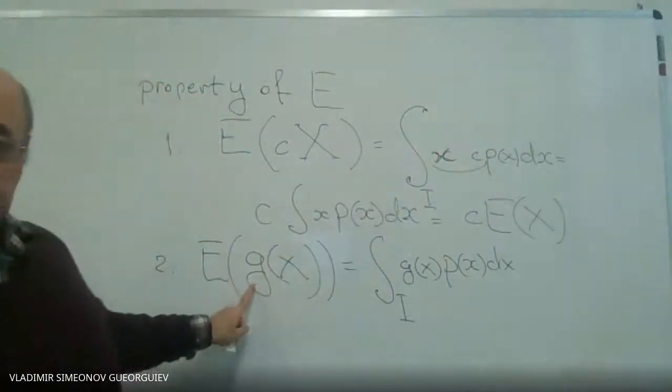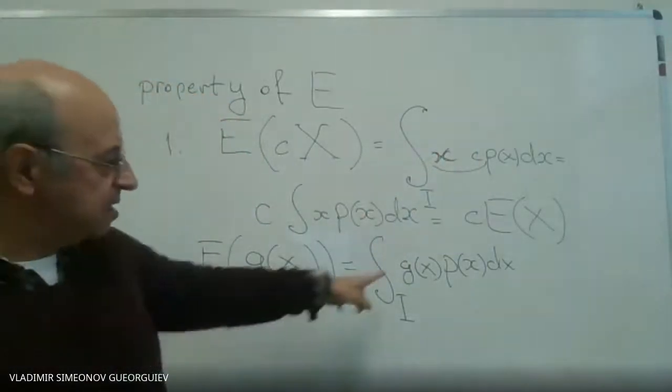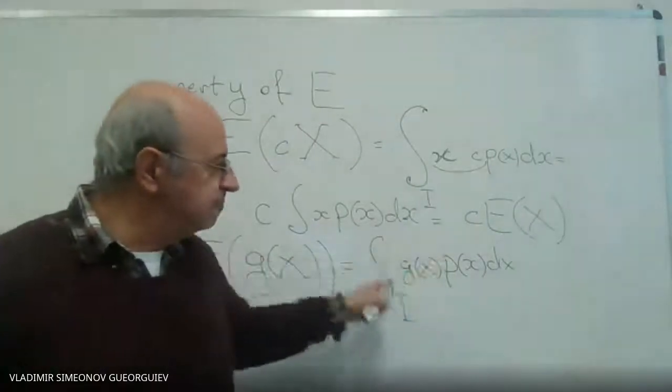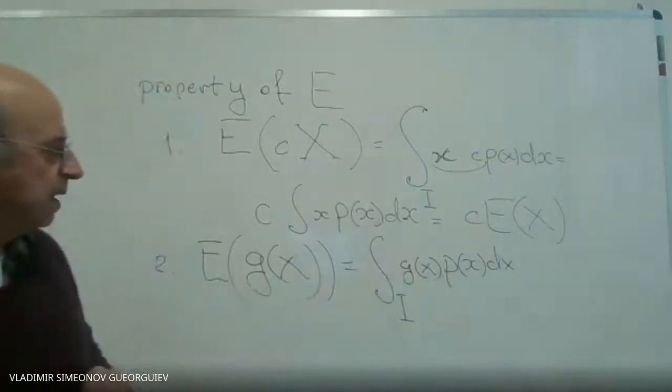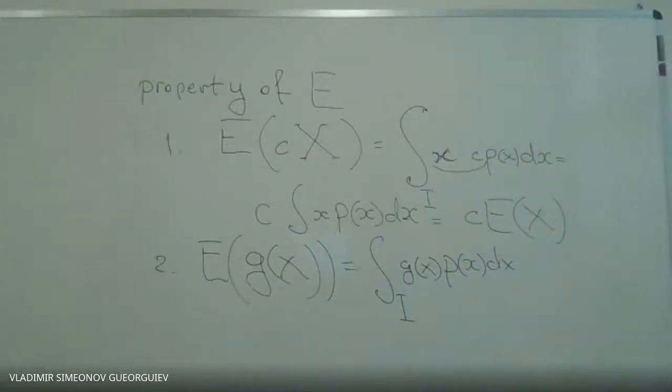If I have a generic function g, then of course I have to put in front of my density g of x. Let us make some example in order to see how this works.